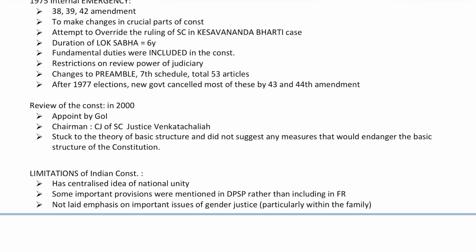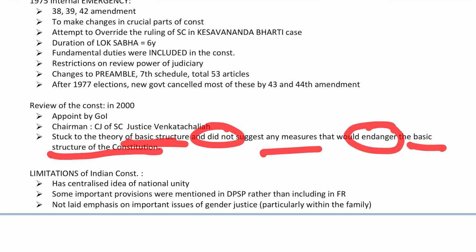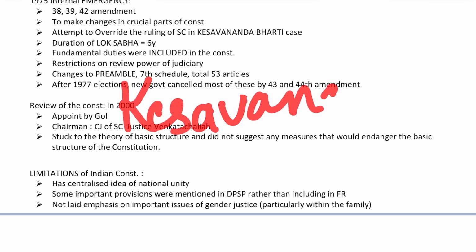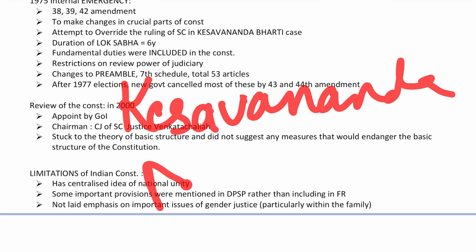The chairman of this committee was the Chief Justice of the Supreme Court, Justice Venkatachaliah. It stuck to the theory of the basic structure and did not suggest any measures that would endanger the basic rights of the Constitution. So it upheld the provisions of the basic rights, which were basically derived after many Supreme Court judgments, especially the monumental Keshavananda Bharti case.